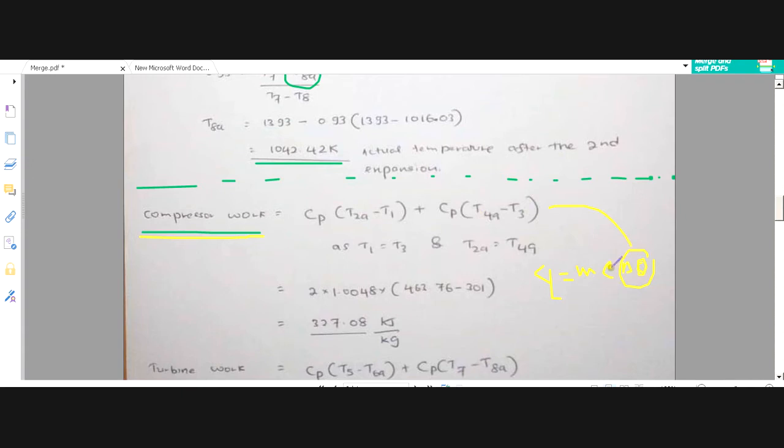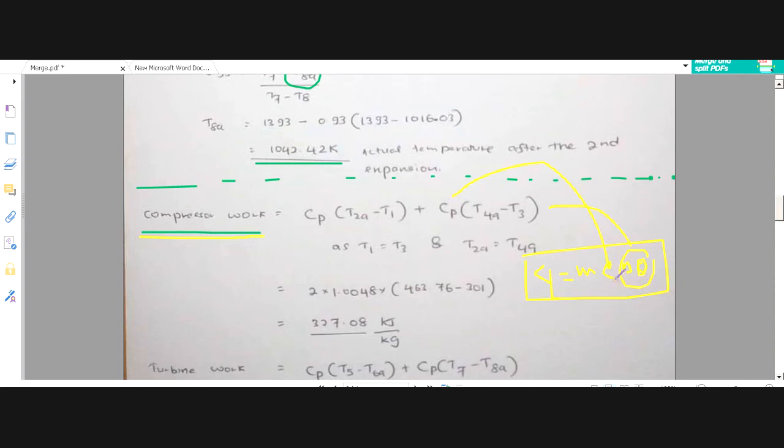That is why this C we relate as Cp. This is the major formula, but here the C that we are going to consider is the specific heat capacity at constant pressure, Cp.